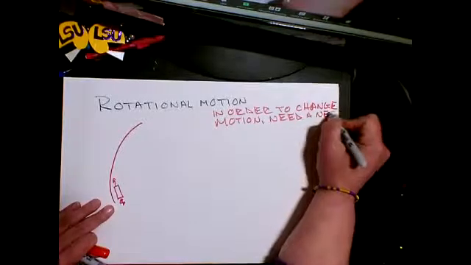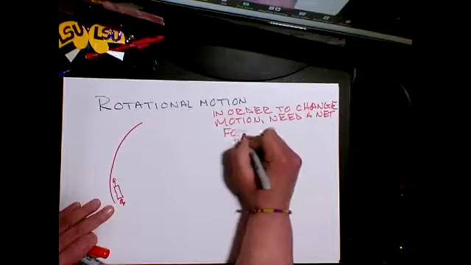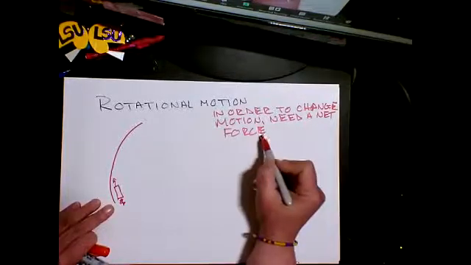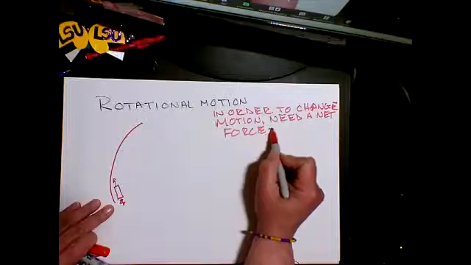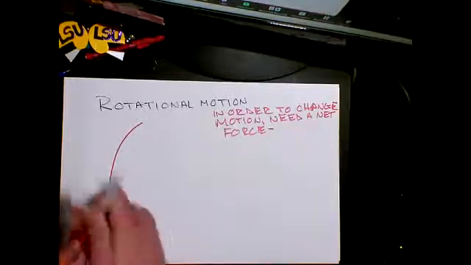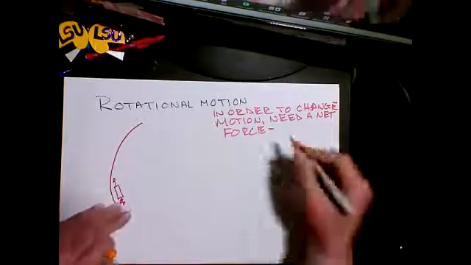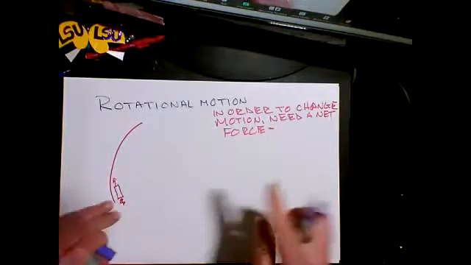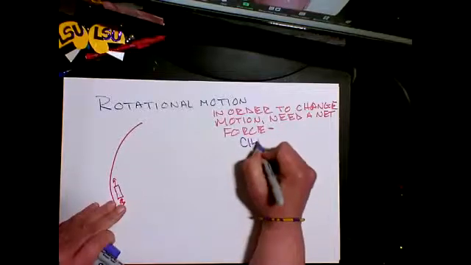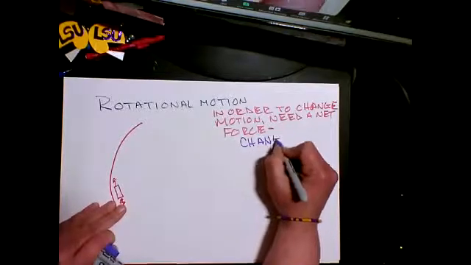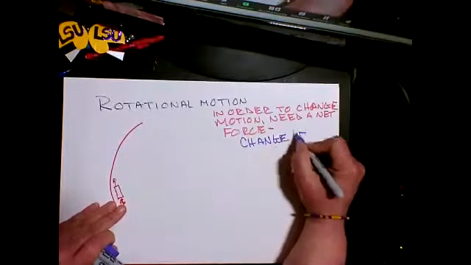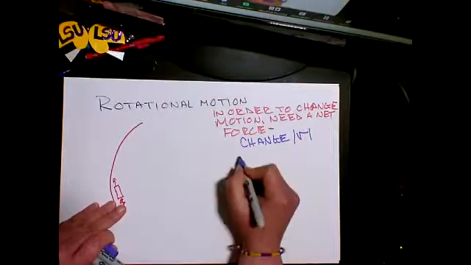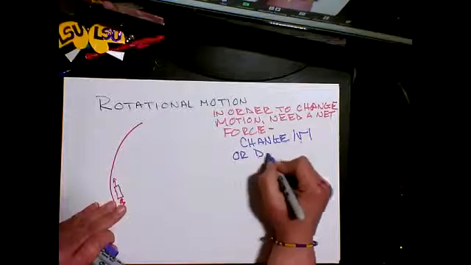And I reminded you, as we've been doing these things, that a net force is required for change of motion in the magnitude of a velocity. So either change, let me do a different color because this is important, either change the magnitude of the velocity, and those little lines right there mean magnitude, or direction.